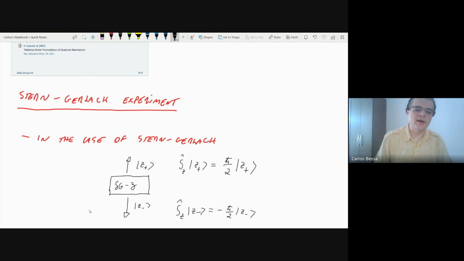So if my atom goes up, the associated state I'll call z plus. If down, the associated eigenstate is z minus. The spin operator I'll call S_z because the magnet in the Stern-Gerlach is in the z direction. When applied to this state, it gives this eigenvalue. If applied to the up state, the eigenvalue is this one.